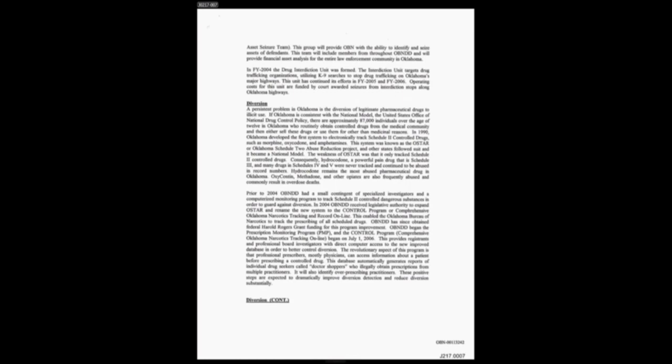I see that. Did you say 22nd or second? September 22nd, 2006. Yes. And if you would, please turn to the 7th page of the document. And I want you to focus on, excuse me, the heading Diversion.